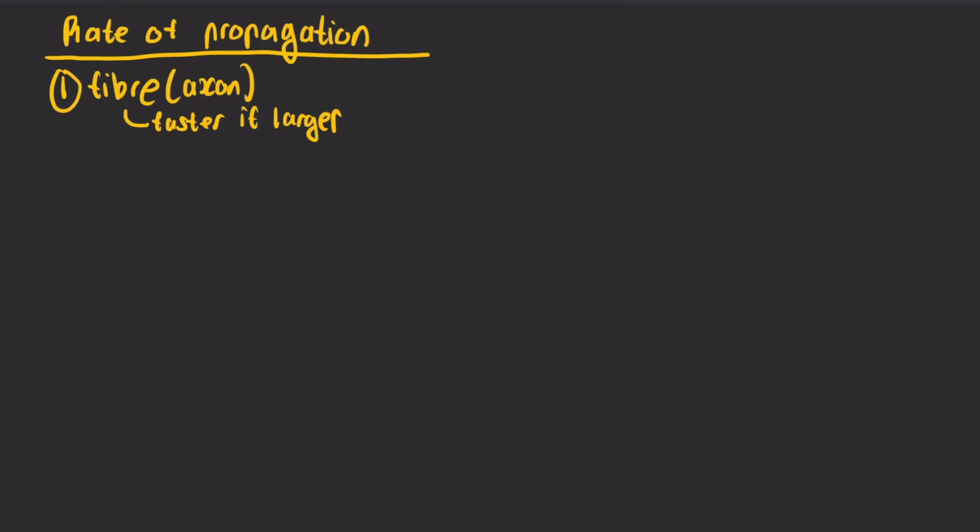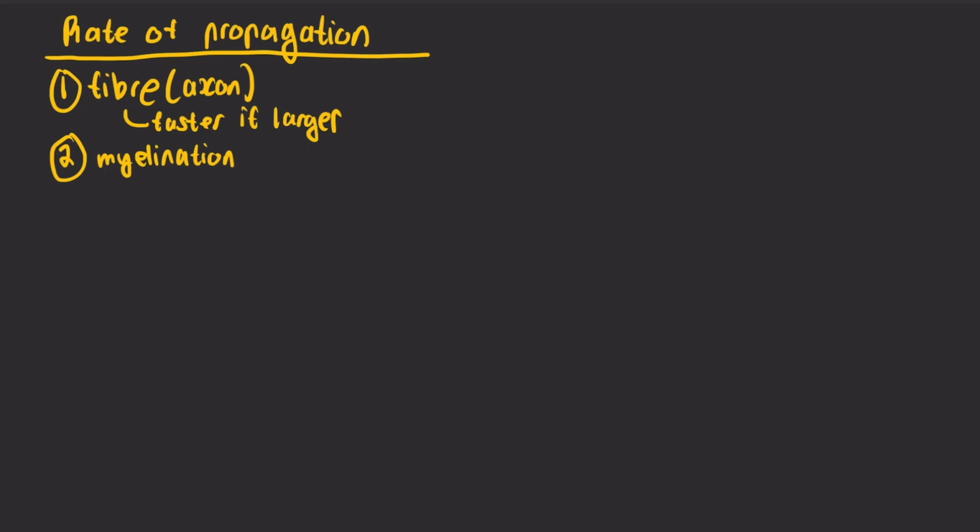The other factor that influences the propagation of our action potential would be myelination. Now, you can think of myelination like electrical insulation, okay?